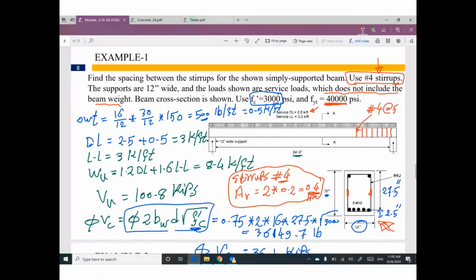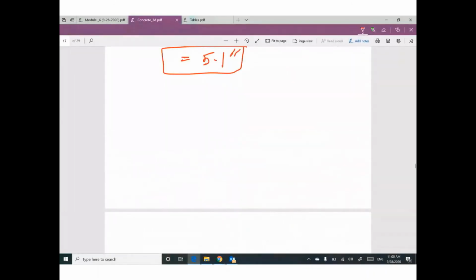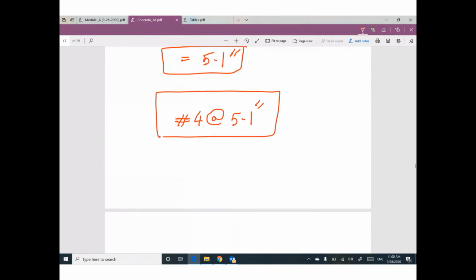It's written like this in the shop drawing or layout: number 4 at 5.1 inch. How can I read this expression? Number 4 is the size of bars. At means spacing, every, each 5.1 inch.